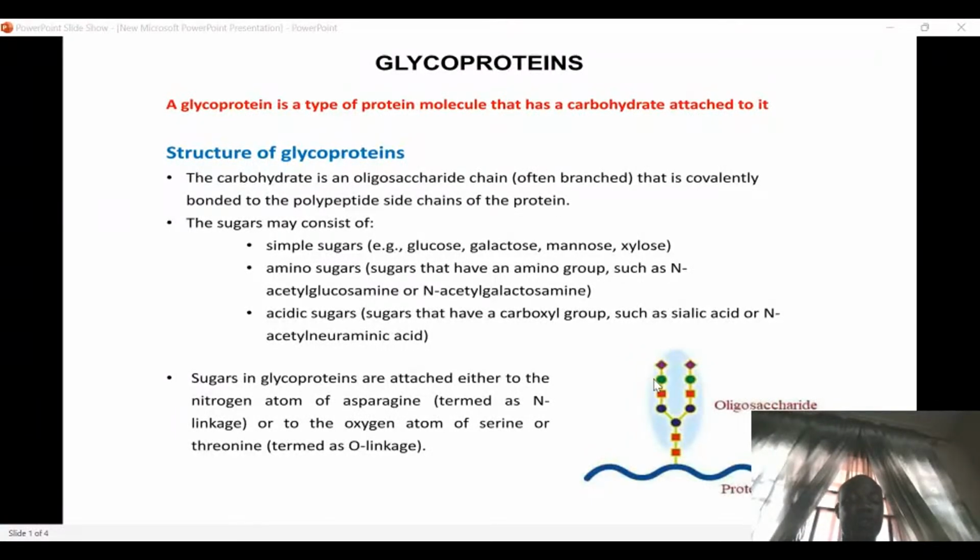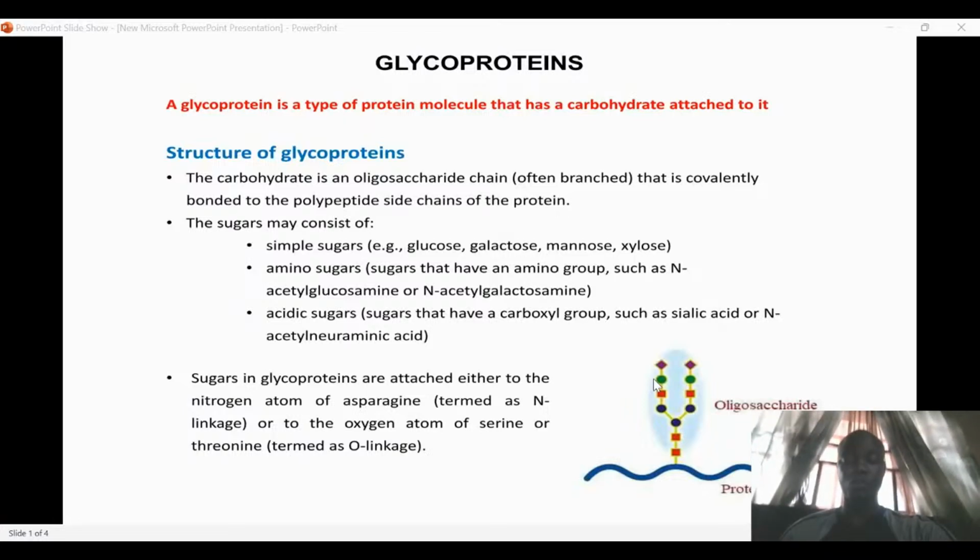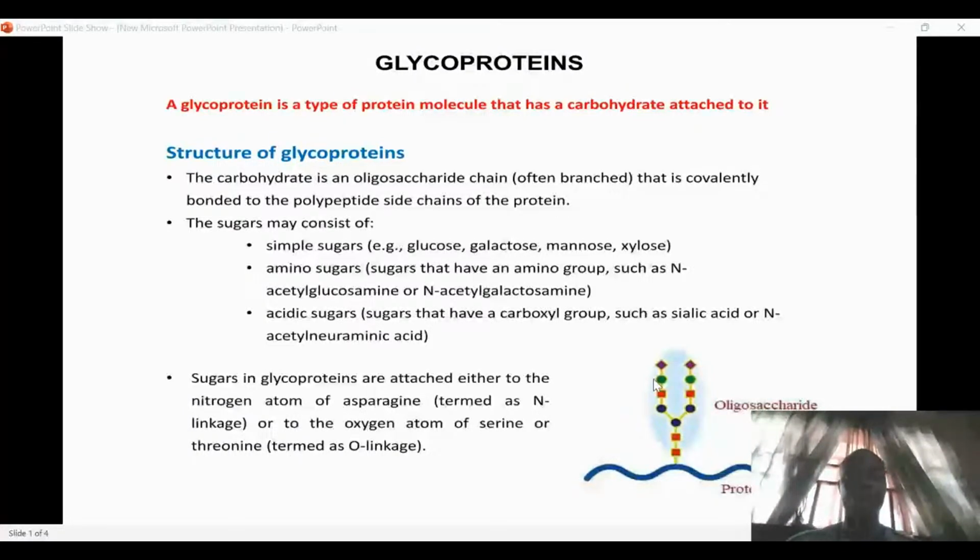When we say glyco-conjugates, it means you have sugar attached to other molecules. So, for example, one of those glyco-conjugates is what you call glycoproteins.